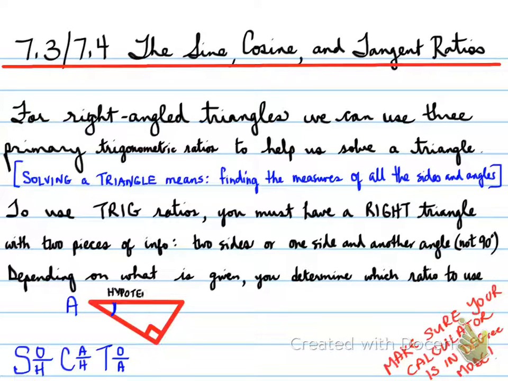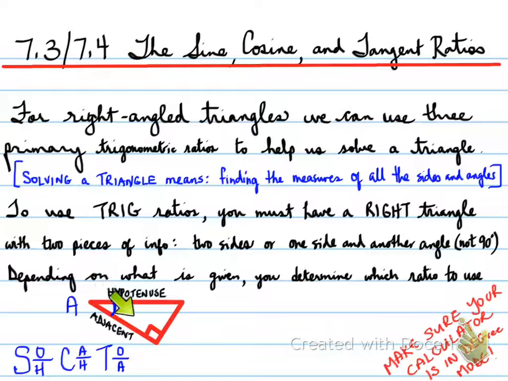Now, the other side the marked angle touches is always going to be the adjacent side, because adjacent means next to. It is next to the marked angle. It is next to the angle A. It is beside. Now, some of you are going, but wait, the hypotenuse is also beside.